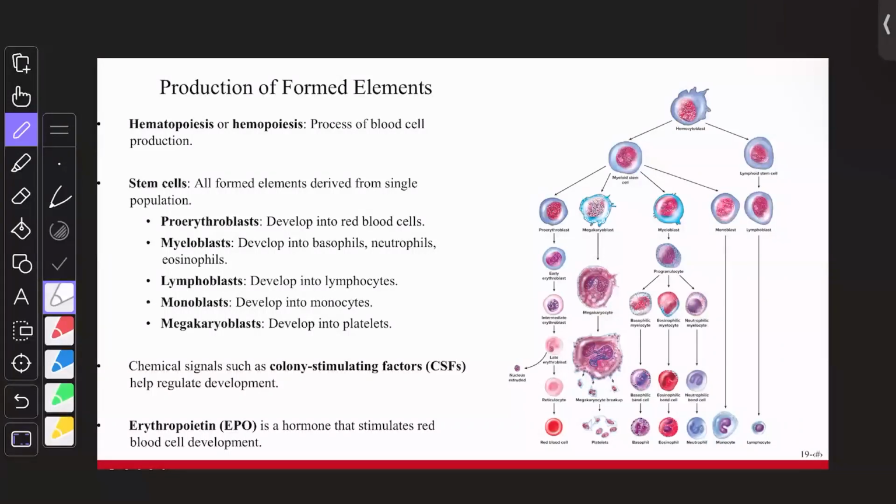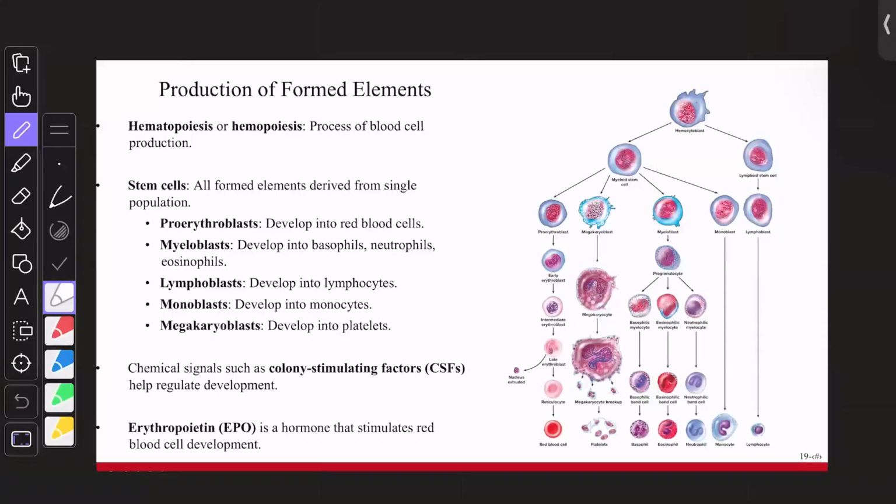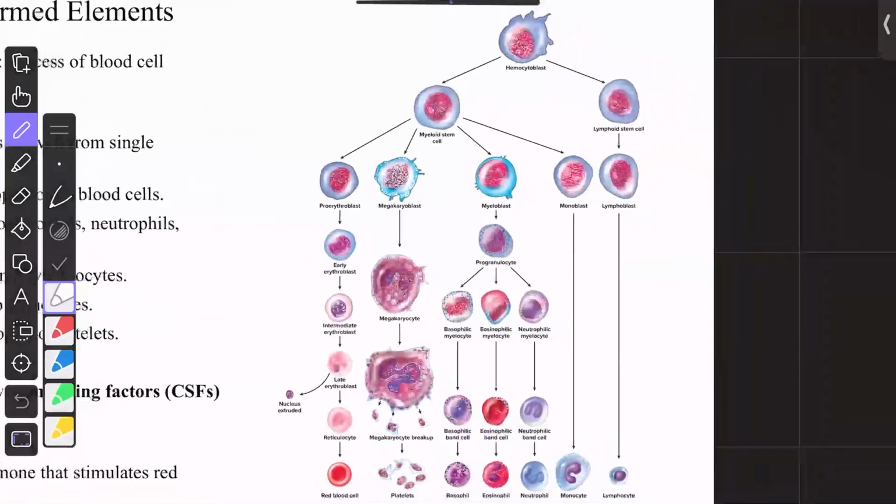Now, in terms of this figure, what we're looking at here is, you could think of this as an evolution or phylogenetic tree of blood cells, right? Except this is not true evolution.